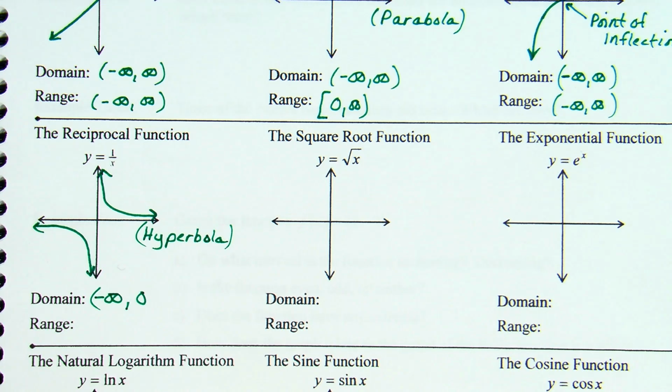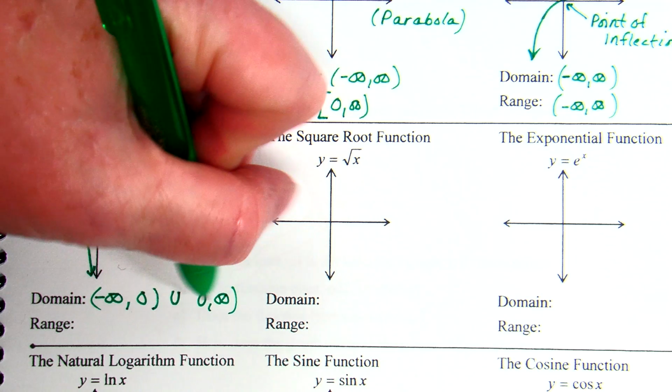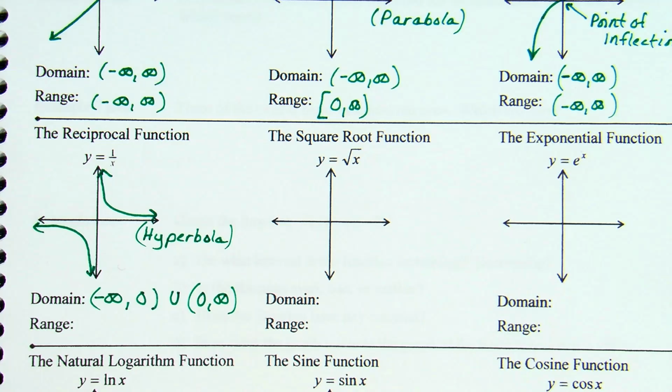Parenthesis, because we're not going to touch 0, right? So we're going to go negative infinity to 0, union, and then guess what? 0 to infinity on the other side. And so what that domain is saying is that basically it's all the numbers except 0. And that's just because we can't have 0 in a denominator, folks.